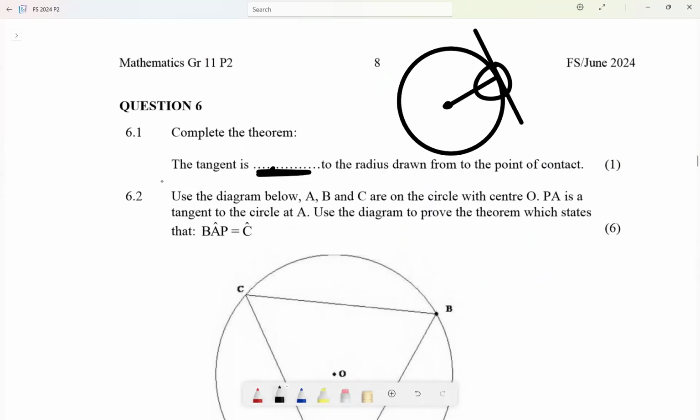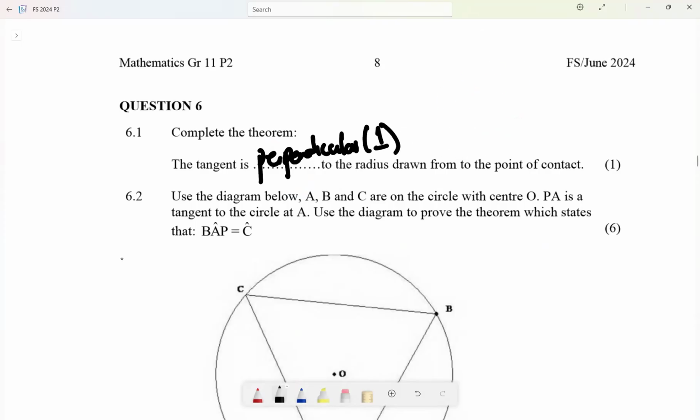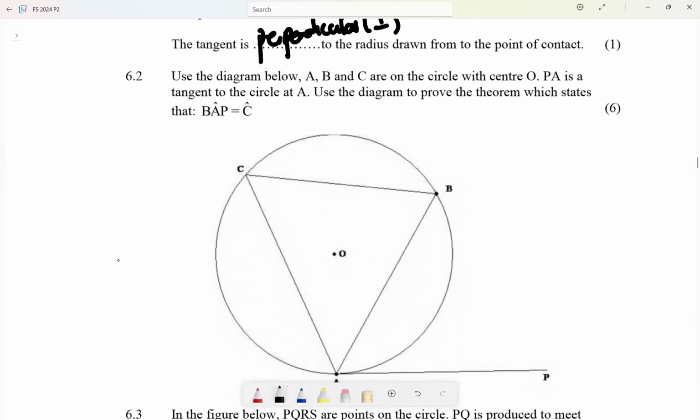Point of contact is here. Can you see what is happening there? 90 degrees. So it is perpendicular. Do not do that. Just write perpendicular.